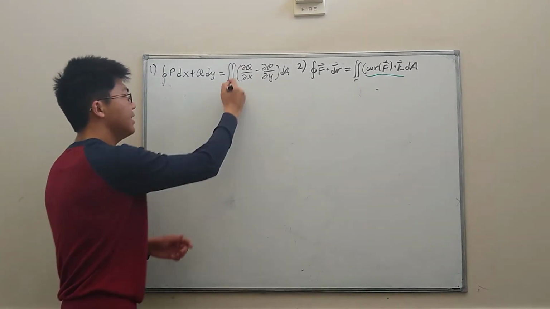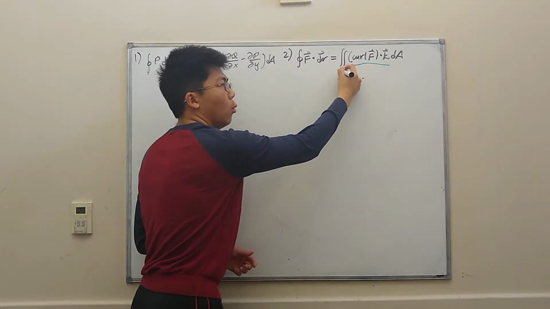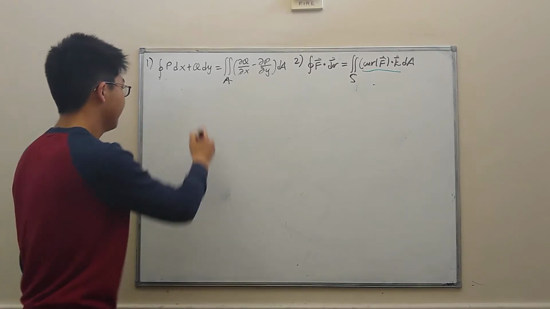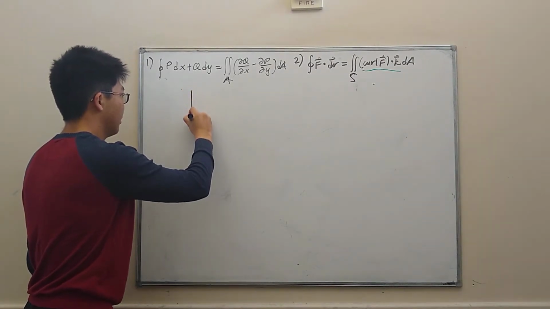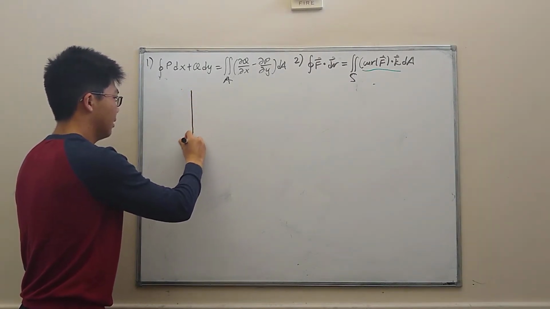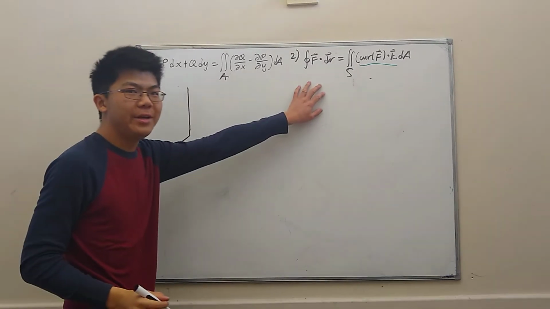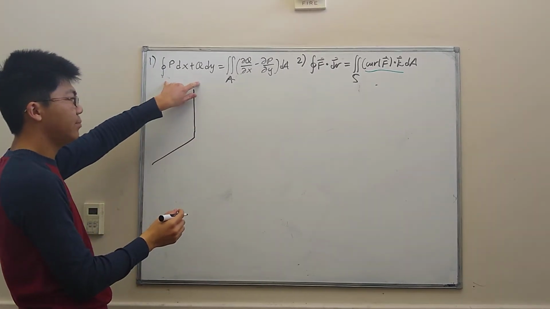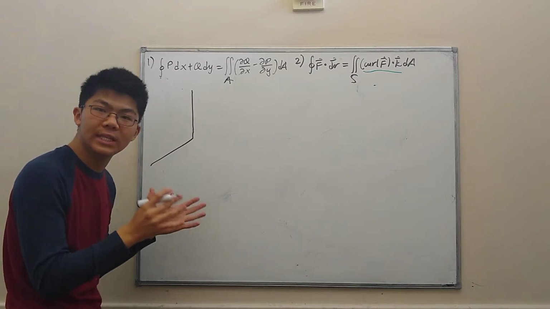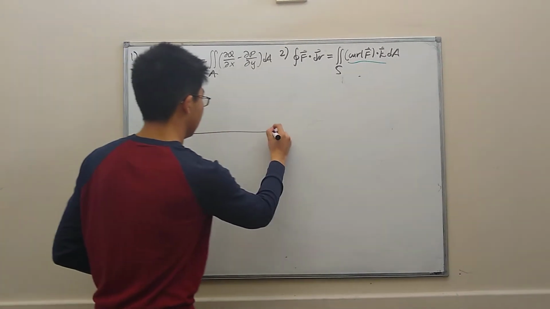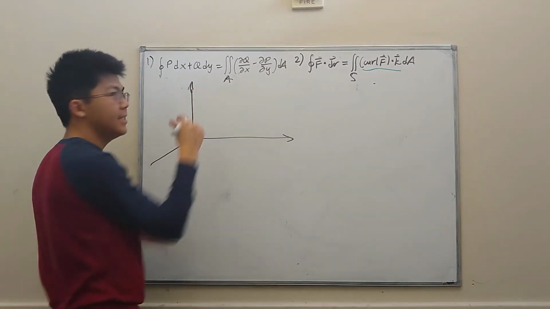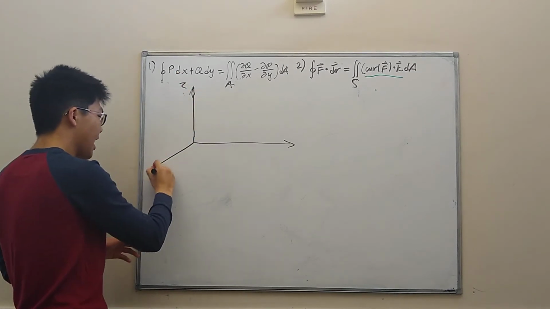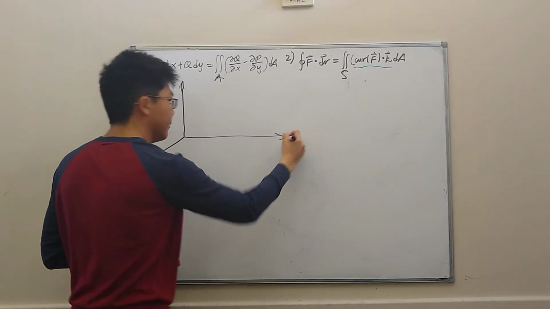So, for the first example, what are we going to have here? I'm just going to draw this in 3 dimensions, but you can view this expression as the xy plane only. This is our z, this is our x, and this is our y.